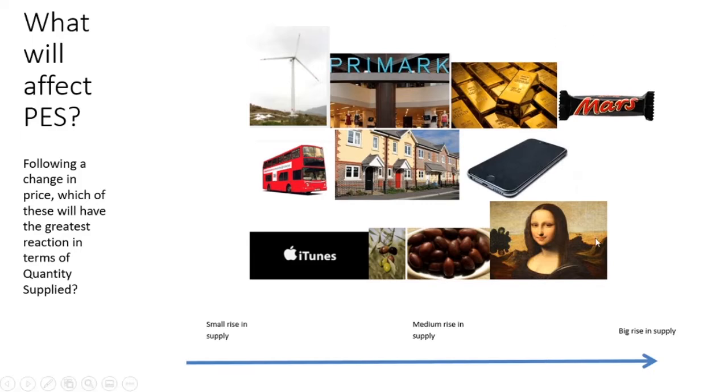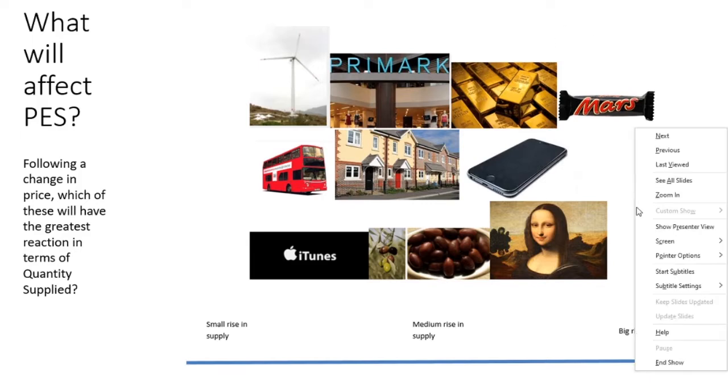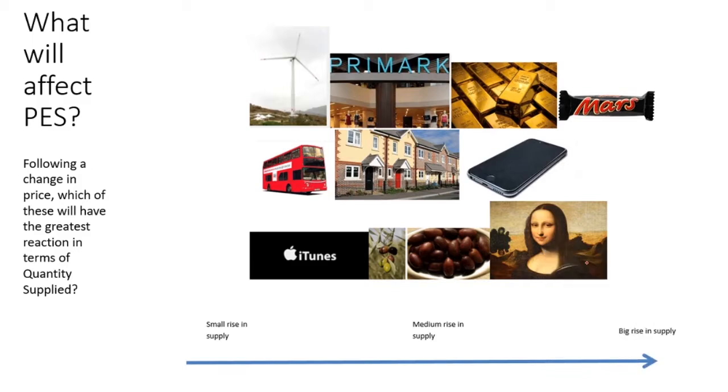All right, so hopefully you've had a chance to do that. I'm just going to go through some of the answers that I think would be reasonable. And this is by no means 100% correct or incorrect. This is just what I'm thinking at the minute.